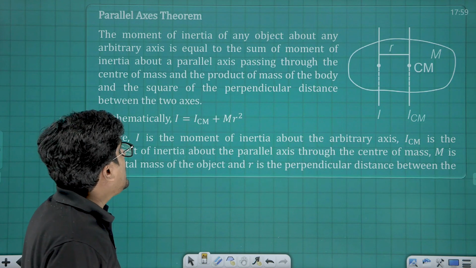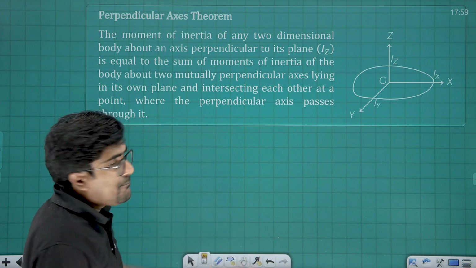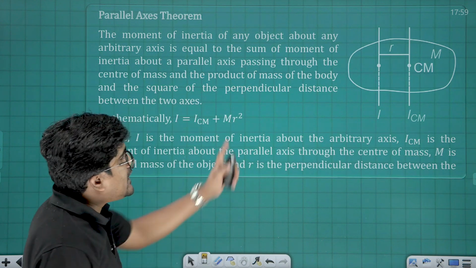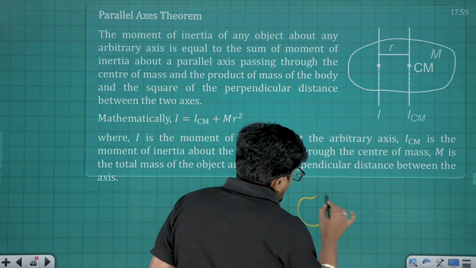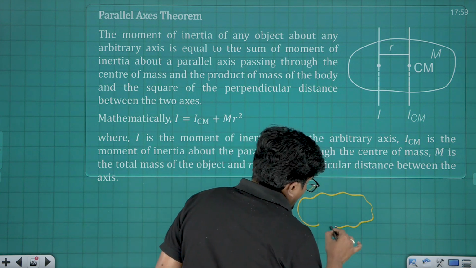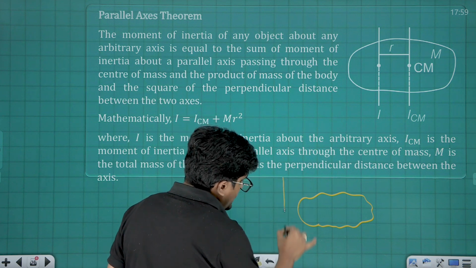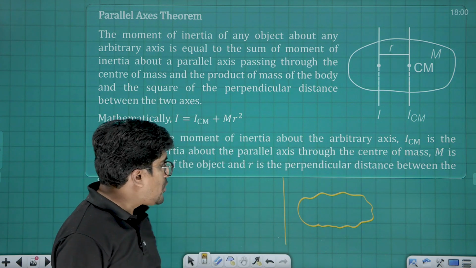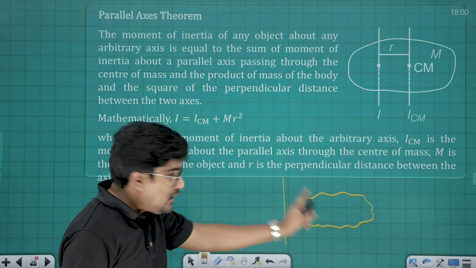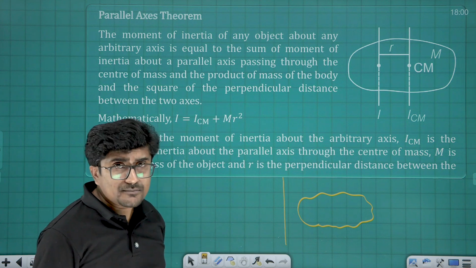Next one is the parallel axis theorem, and the next one is the perpendicular axis theorem. Here, what the parallel axis theorem says: if you want to find out the moment of inertia of any body with respect to an arbitrary axis like this, how do you find it?